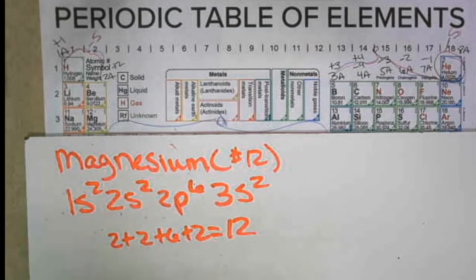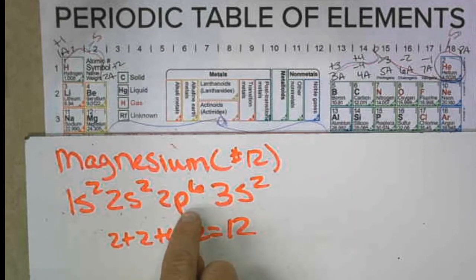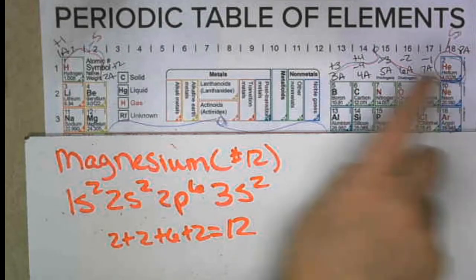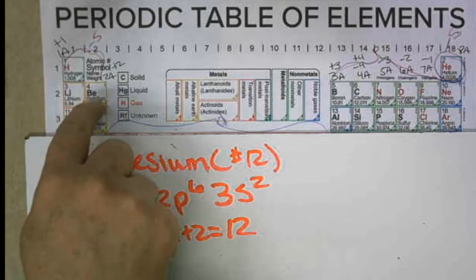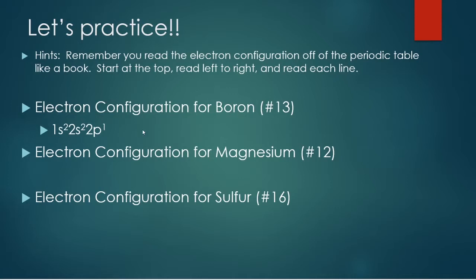Remember, you can never put a number over 2 in the S's and a number over 6 in the P's. You can see there's only 6 in the P's and always only 2 in the S's. So the electron configuration for magnesium is 1s2, 2s2, 2p6, 3s2.